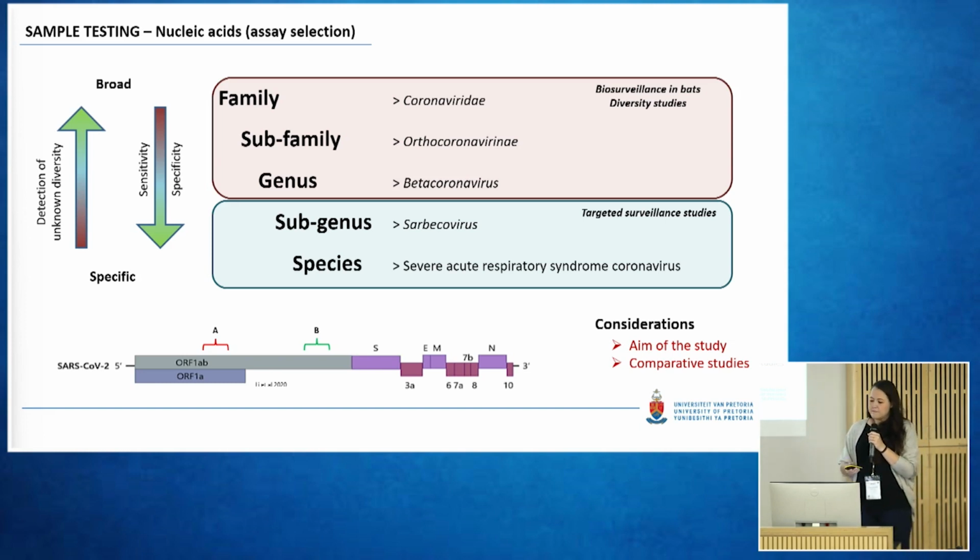I've just put here targeted surveillance studies. So certain studies will particularly look at a specific virus or a specific genus of interest, compared to other biosurveillance studies that will actually want to look at a larger diversity and not just a specific virus.